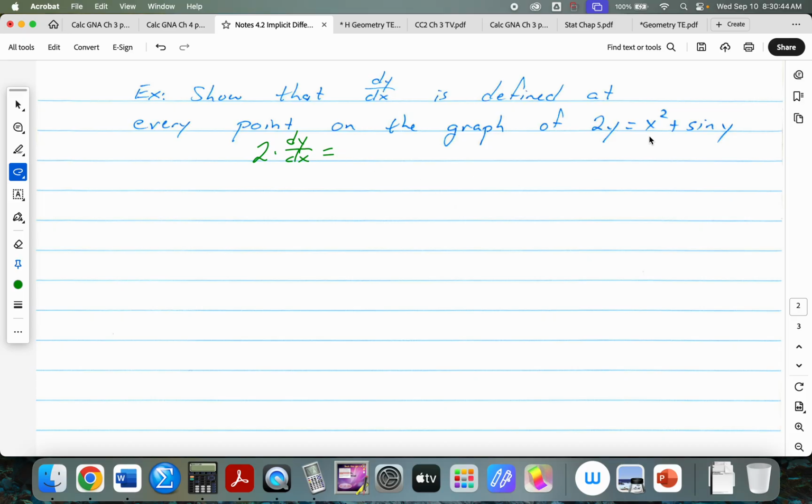Is equal to, taking the derivative with respect to x on the right side, that's going to be 2x, plus, here my variable is not x, so I have to apply the chain rule. I'm going to have cosine of y times dy dx.